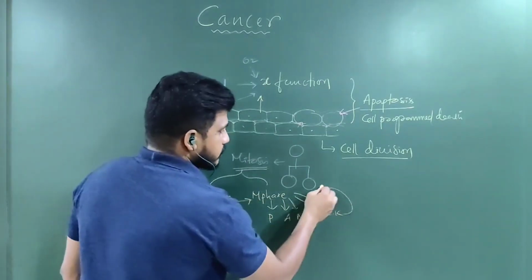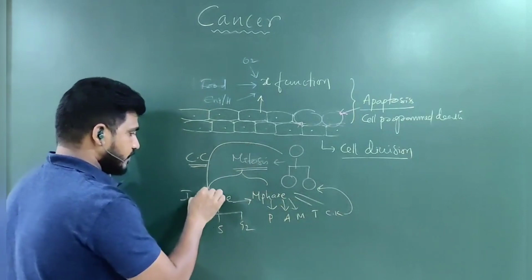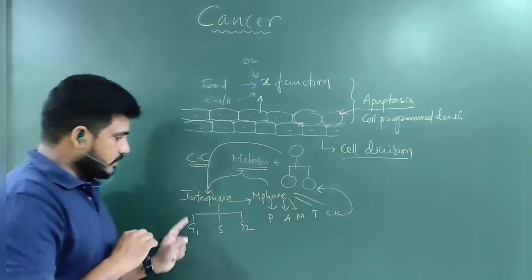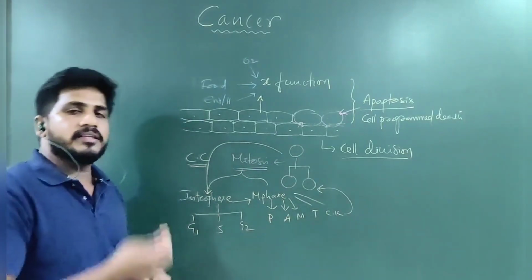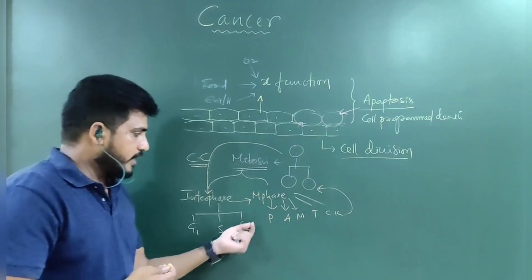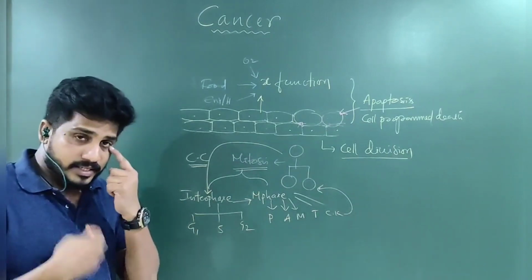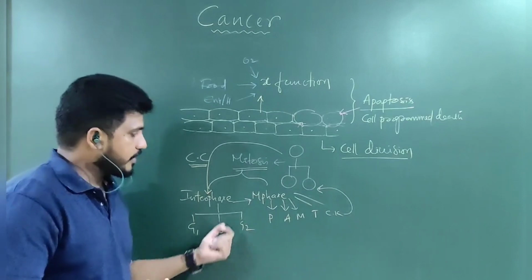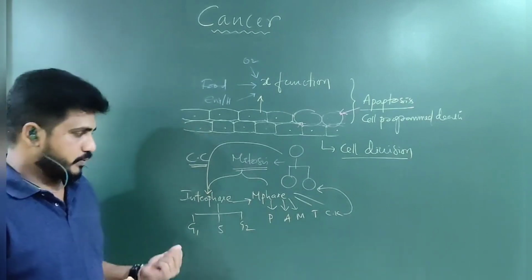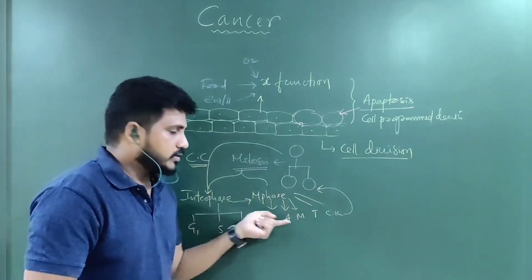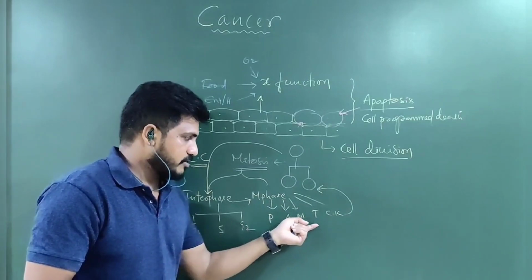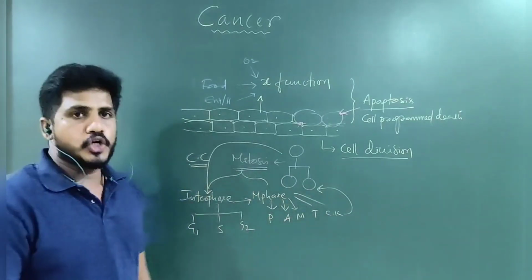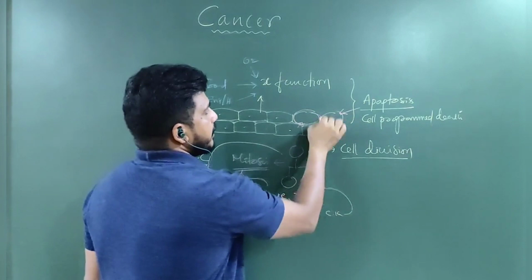So the result is two cells. If a cell undergoes interphase, then G1, S, G2 take place. In that, the nucleic material will be doubled, and mainly DNA replication takes place in S phase. Enzymes and other requirements are prepared in G1. Later, it undergoes prophase, metaphase, anaphase, telophase and cytokinesis, providing two daughter cells so that they replace the dead ones.